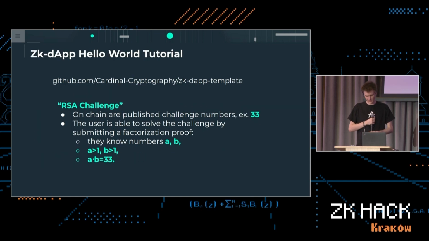And the repository essentially shows you the simplest possible example of an app which has this ZK component, this client-side proving component. And it's the simplest thing that you can imagine, namely that you as a user can prove that you know a factorization of a particular number that is posted on chain.